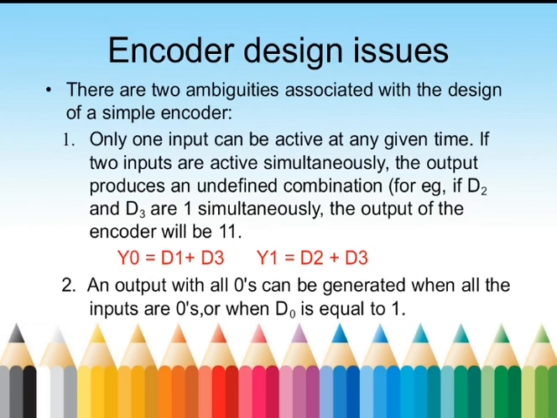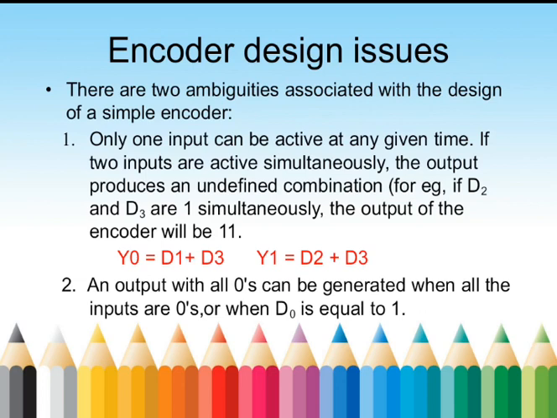Only one input can be active at any given time. If two inputs are active simultaneously, then the output produces an undefined combination. For example, if the data inputs D2 and D3 are enabled simultaneously, then the output of the encoder will be 1 1.